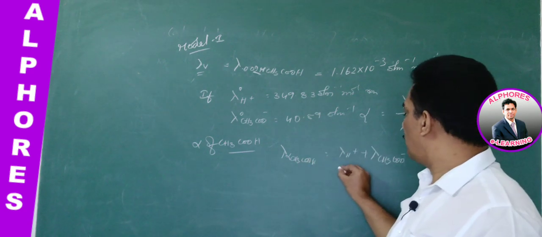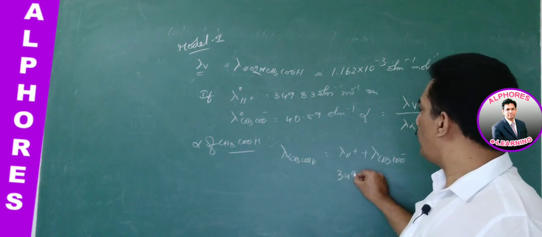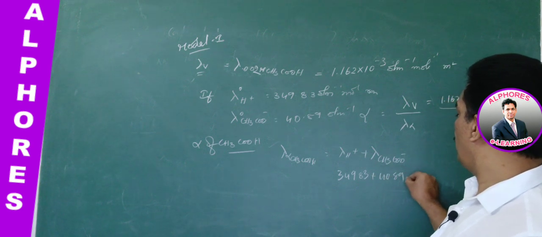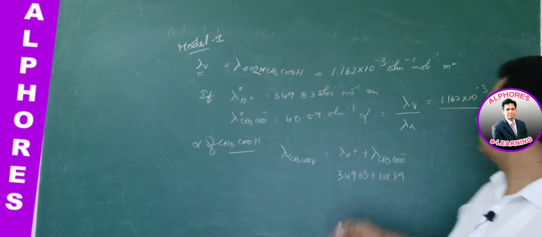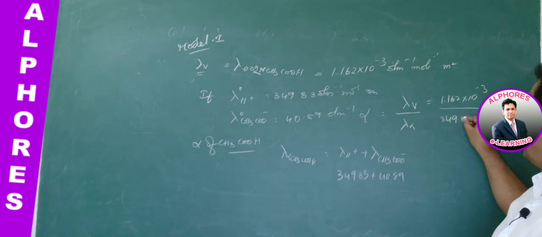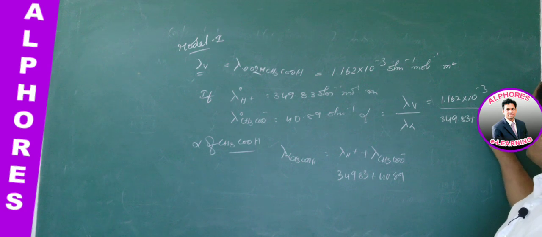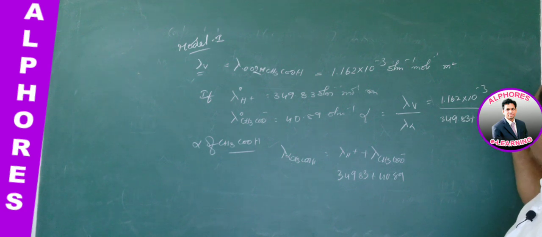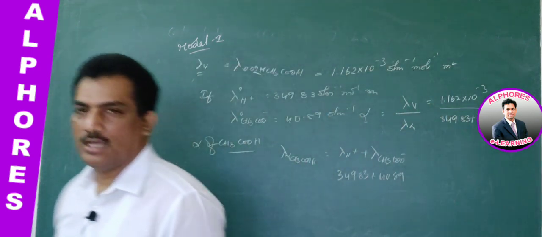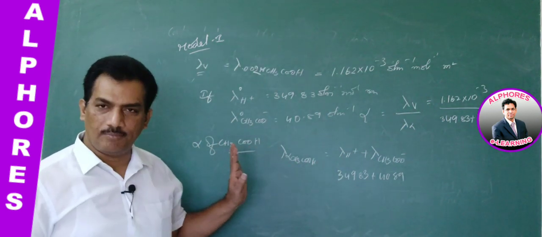So the sum, 349.83 plus 40.89, will provide lambda infinite. Just by substituting, this ratio is nothing but alpha, the degree of dissociation of that acetic acid. It is a simple question.